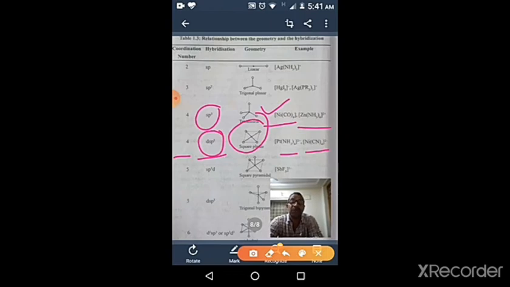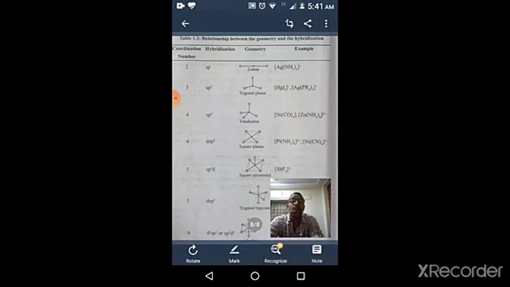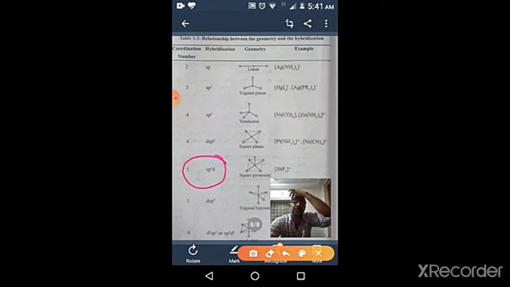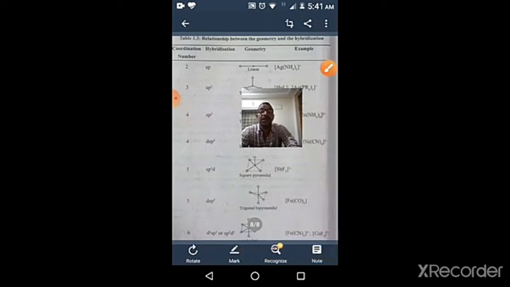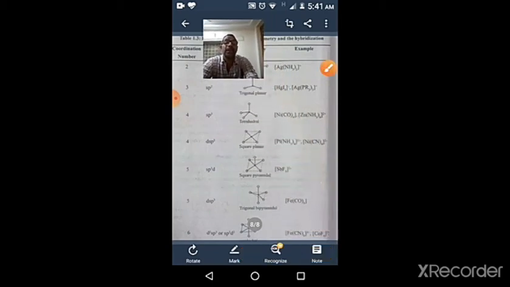Coming to coordination number 5. Coordination number 5 exhibits sp3d or dsp3 hybridization. If it is sp3d, we expect a square pyramidal shape. If it is dsp3, we can expect trigonal bipyramidal.